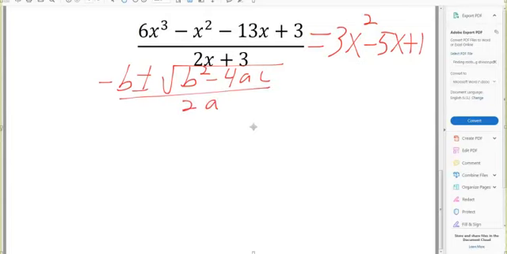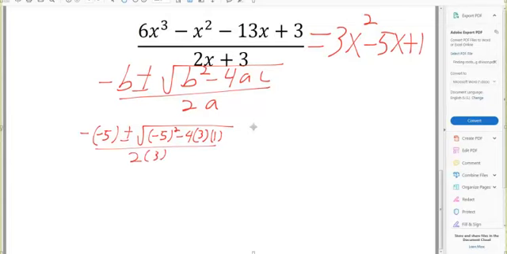And so what we're going to do is write out our equation using our quadratic 3x squared minus 5x plus 1, the one we got from long division. So we have negative negative 5 plus or minus the square root of negative 5 squared minus 4ac, a which is 3, c which is 1, all over 2a.